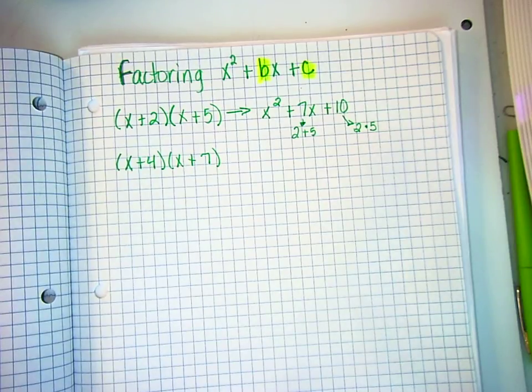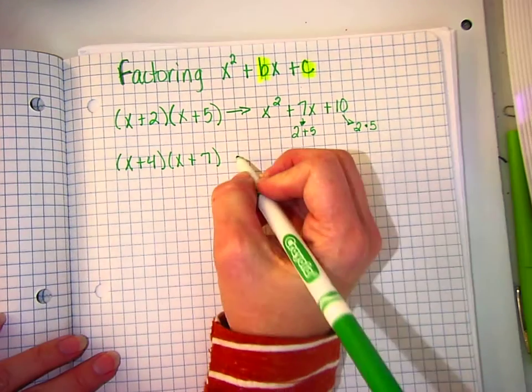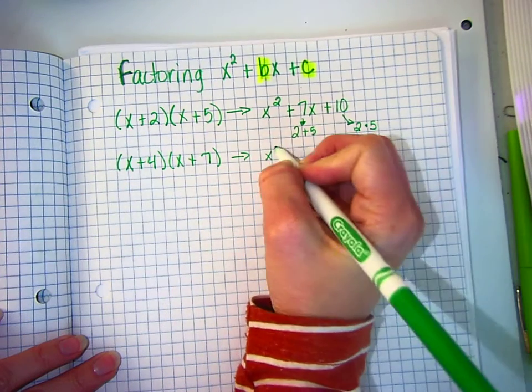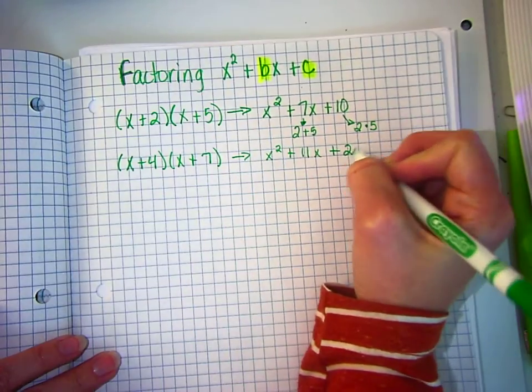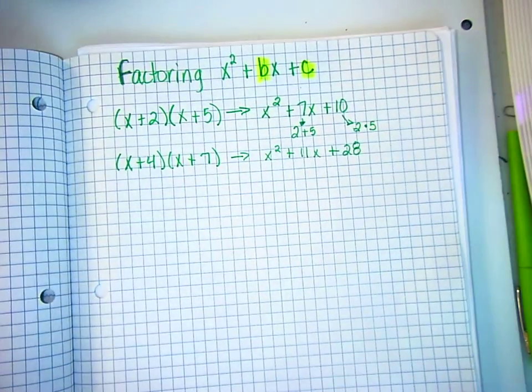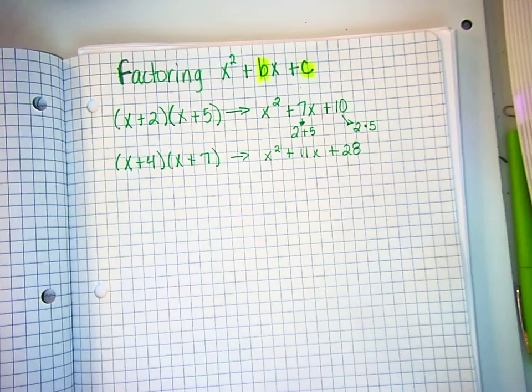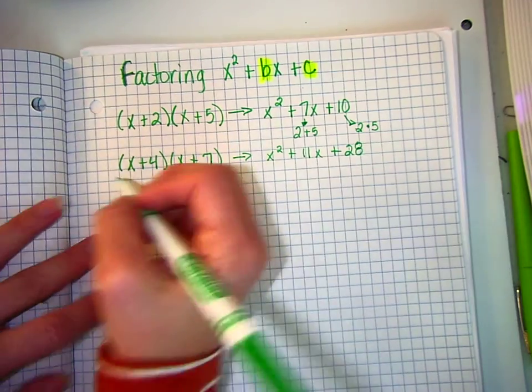So if you simplify that, what would you get? What would you get, Ella? X squared plus 11x plus 28. There you go. Okay. Did you have to box it or foil it? No. I just gave you that secret. All right. So I'm going to make a note of this.